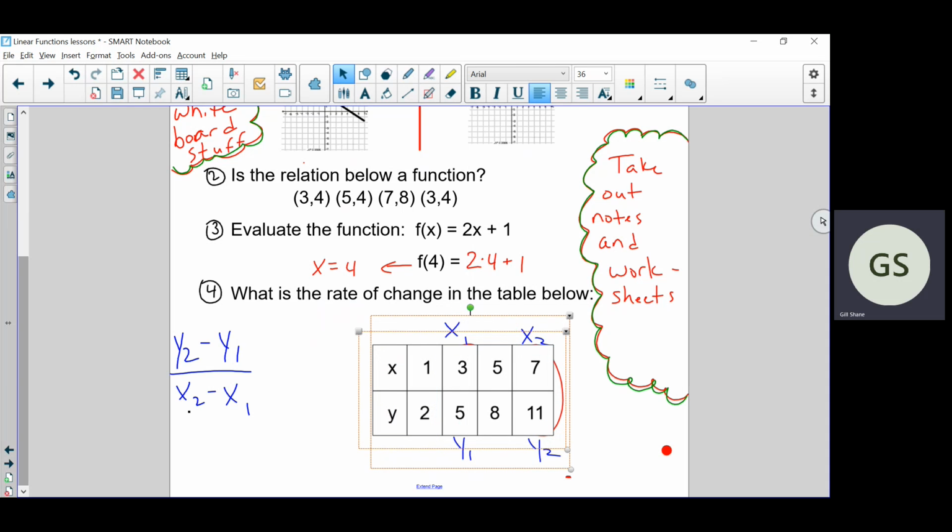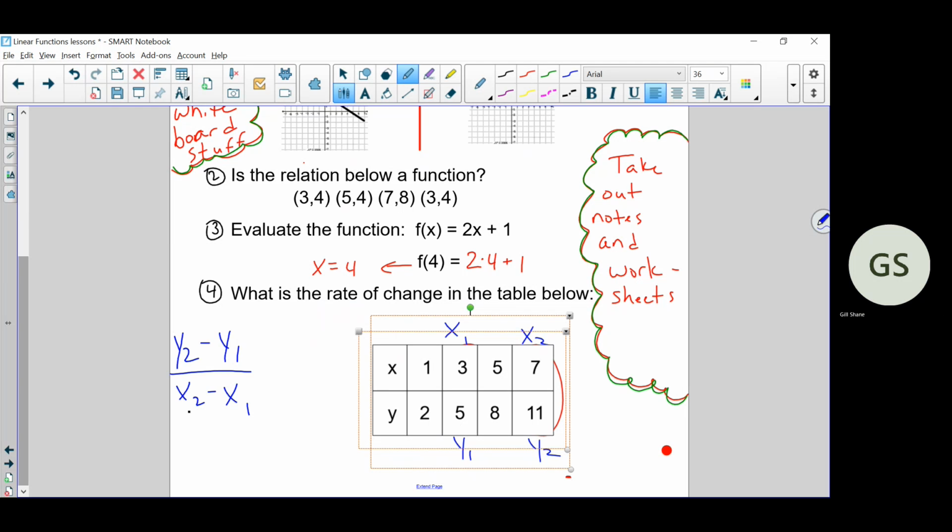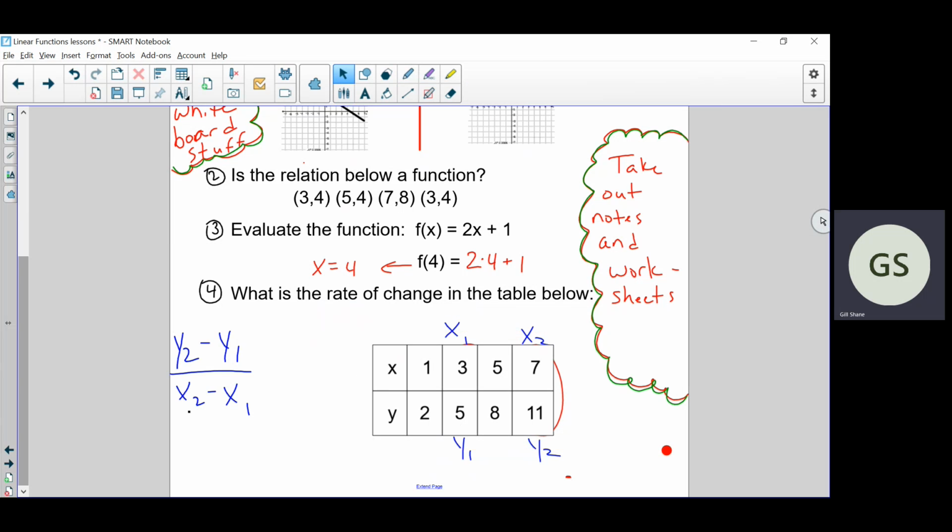So now I look at my table and I say, okay, what is my Y2? Because the first thing I'm going to write is whatever number is the Y2 number. So Anijah, what's my Y2 number? I don't know. Can you see it? 3? No. Where does it say Y2? 11?